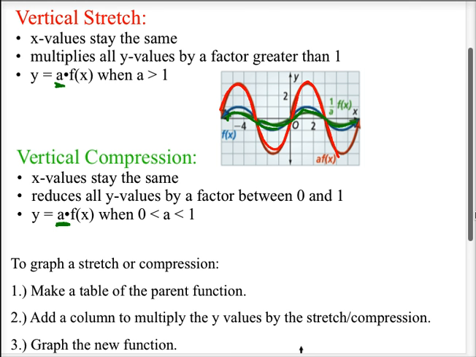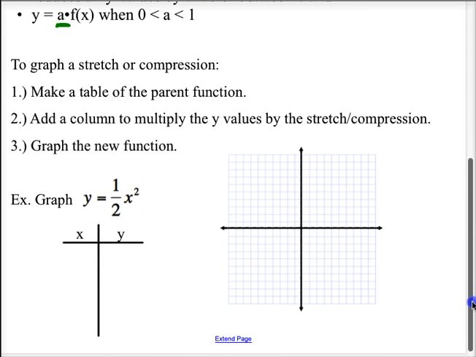Now, to graph vertical stretches or compressions takes a little bit more work, all right? You're still going to start with a parent function. So in this example right here, the parent function is still going to be y equals x squared.